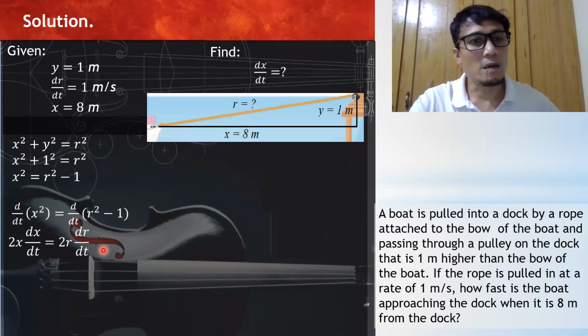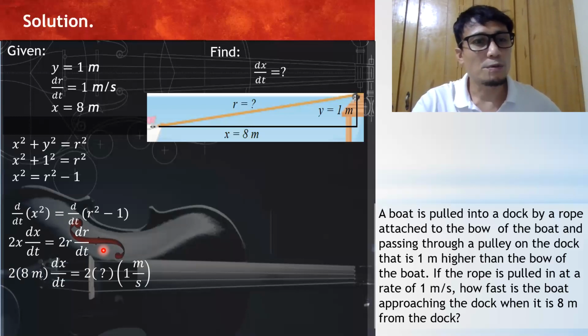Now, the next thing to do here is to substitute the given quantities, okay? Your x is given here to be 8, okay? And then the dx/dt, well, we're looking for that, right? Okay, dx/dt, that's what we're looking for, okay? So 2 times 8 meters equal to 2 times r.